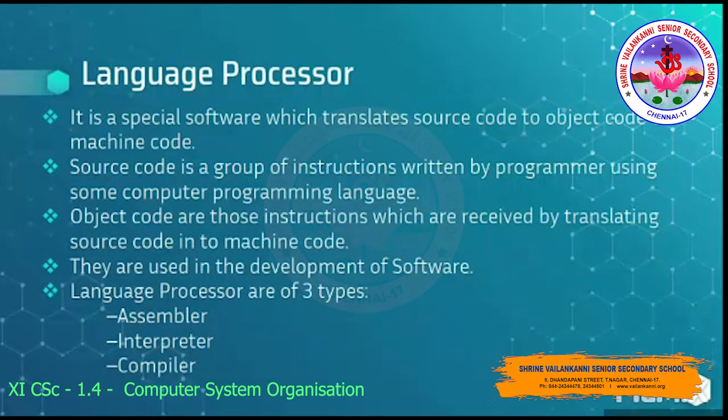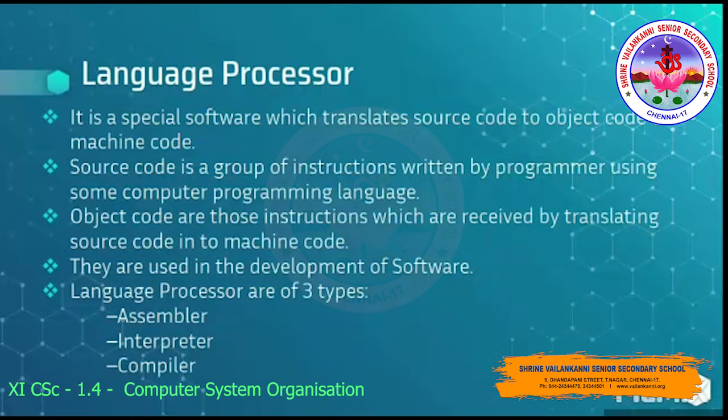A source code refers to the program code written by the user in a high-level programming language, HLL, such as C, Java, C++, etc. An object code refers to the code usually in machine language or binary code, a language that computer can understand easily or run on hardware. So you can safely say that the language processors are the software that convert source codes into object codes.